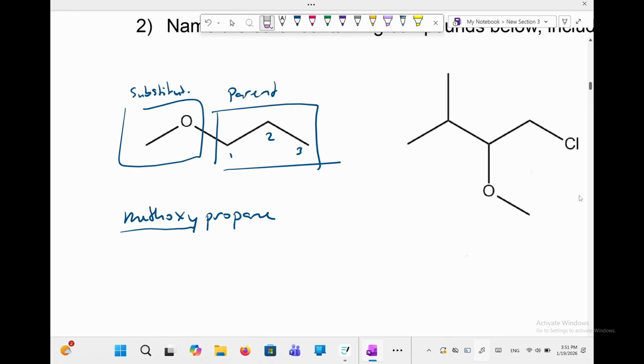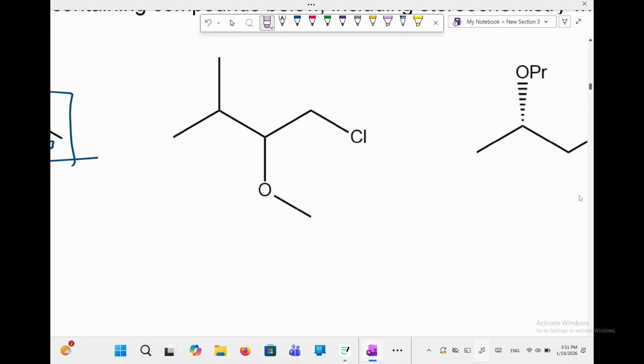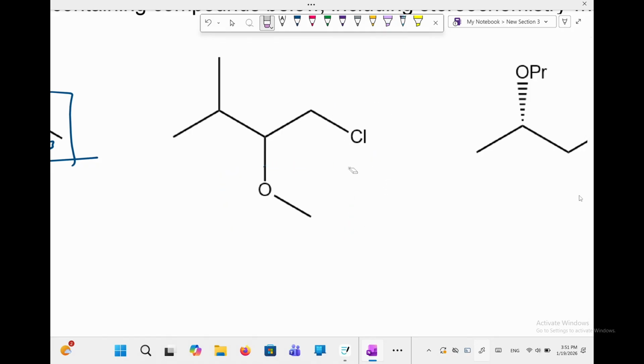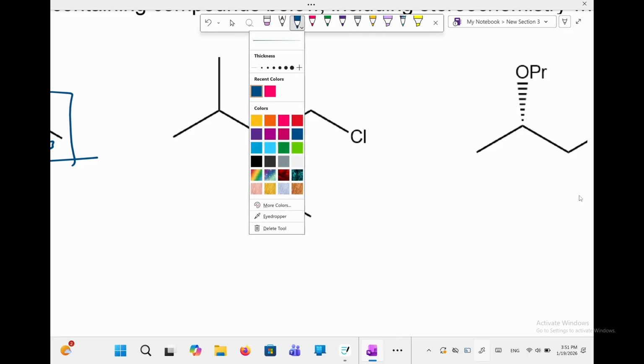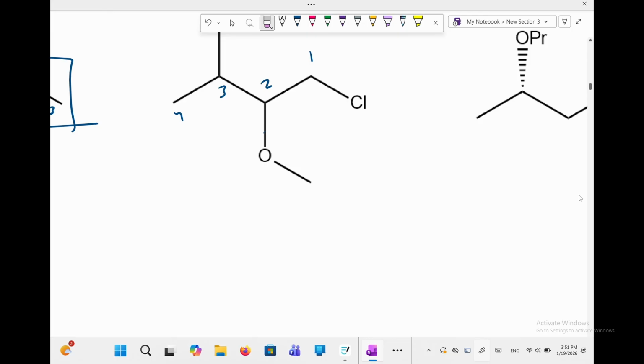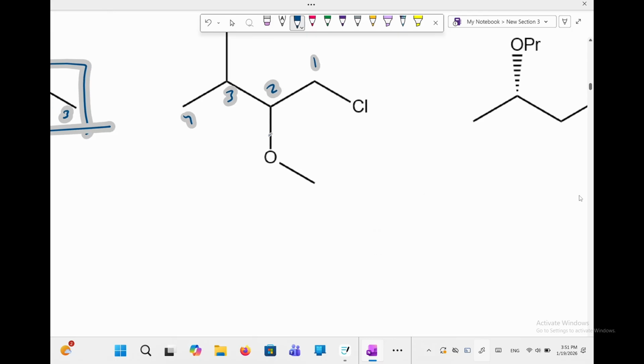When we go to this one, alkoxy substituents and halides are on the same priority, so we treat them the same. When we go to number it, it's 1, 2, 3, 4. Number it so that your substituents are on the lowest number. We don't really care about the priority of alkoxies because they're pretty low.